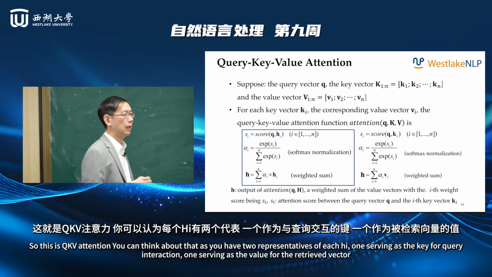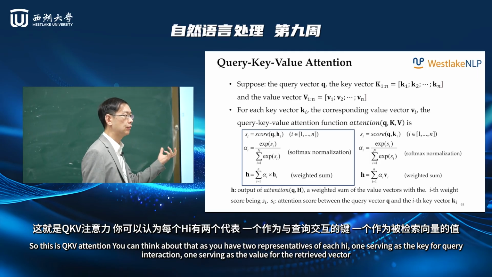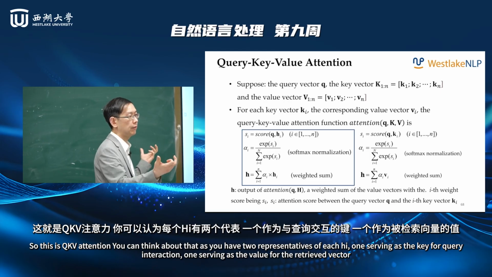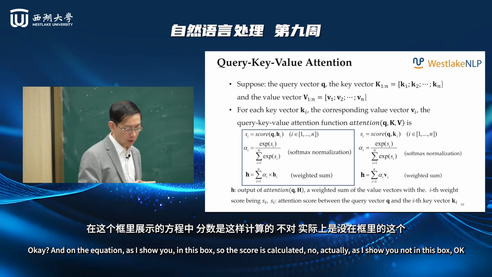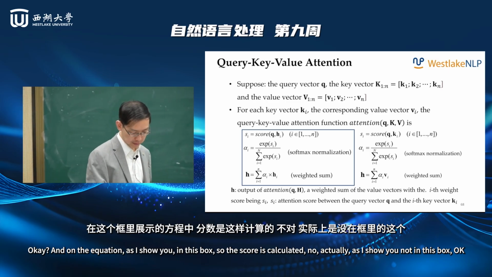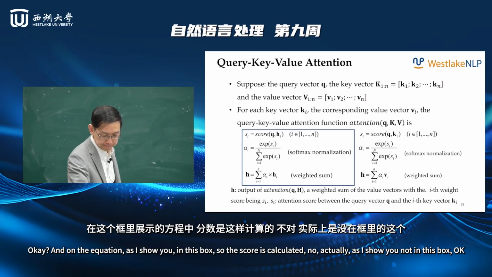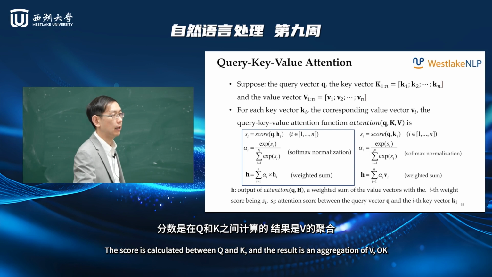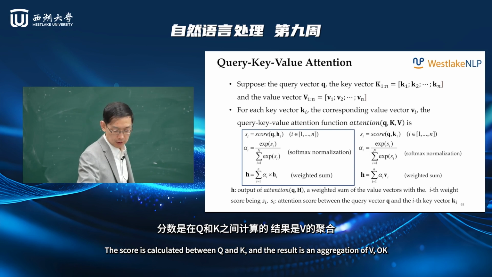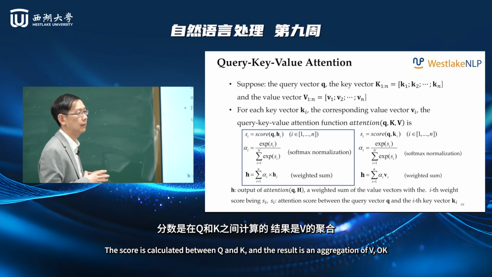You can think about that as you have two representatives of each HI, one serving as the key for query interaction, one serving as the value for the retrieved vector, okay? And on the equation, as I show you not in this box, okay? The score is calculated between Q and K. And the result is an aggregation of V, okay?